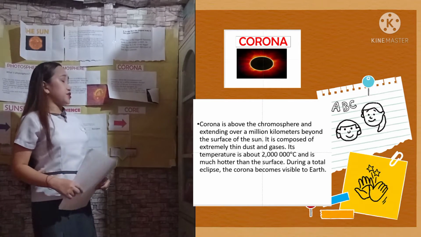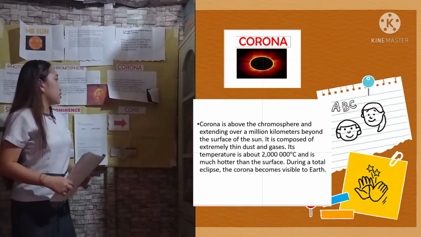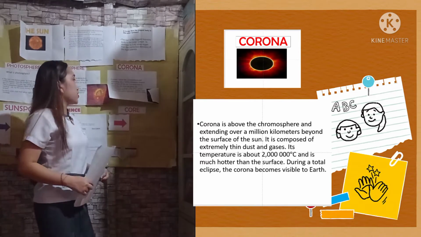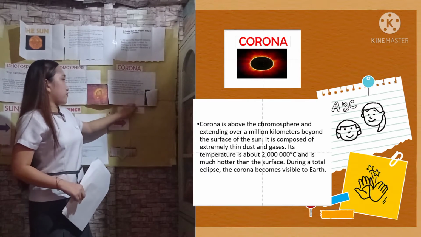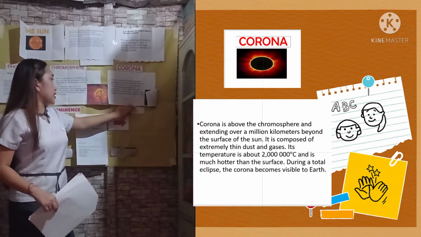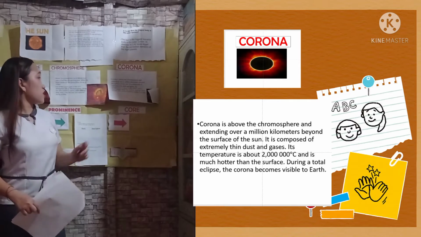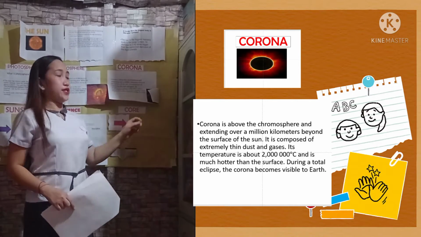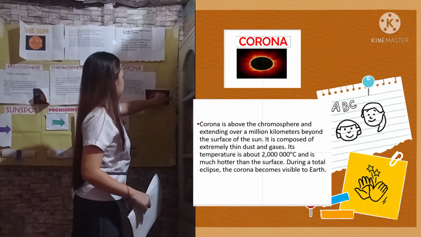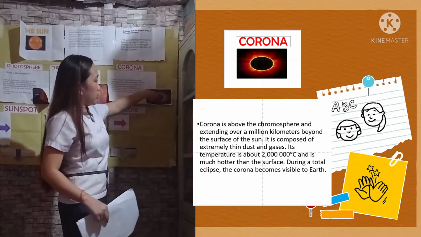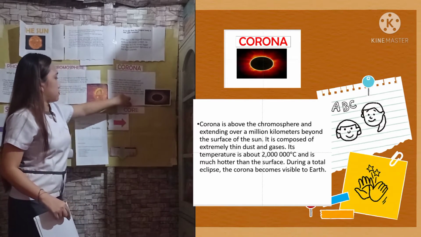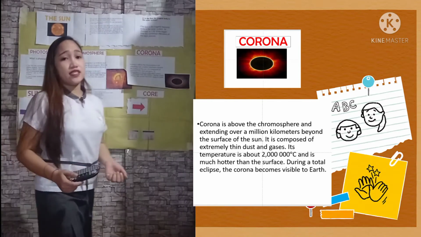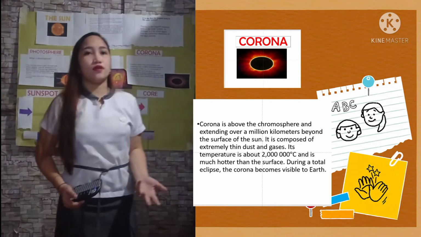Its temperature is about 2 million degrees Celsius and is much hotter than the surface. During a total eclipse, the corona becomes visible to Earth. This is the picture. This is the corona. Understand, students? Next.